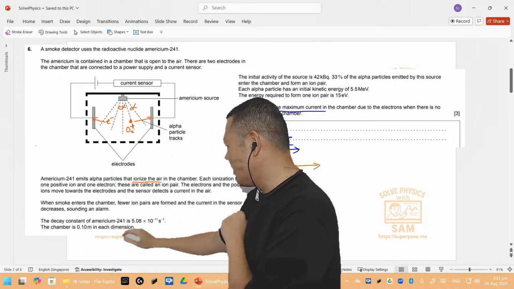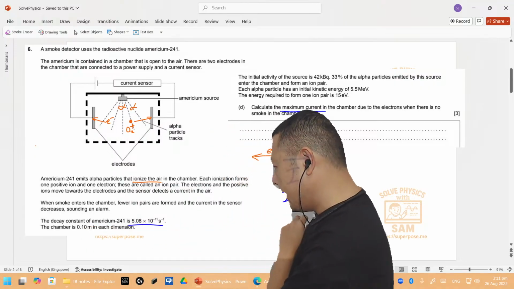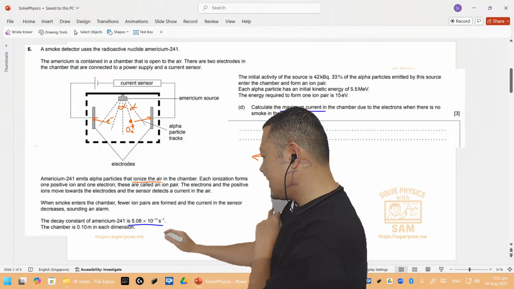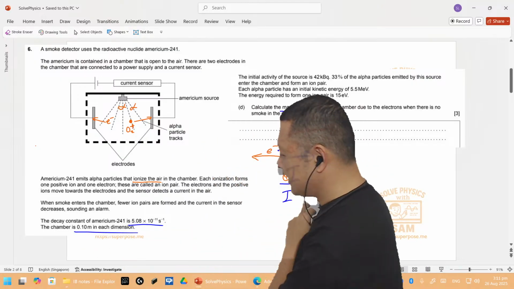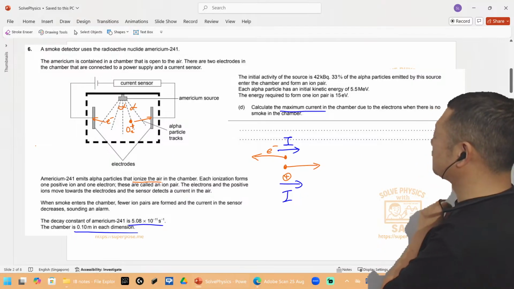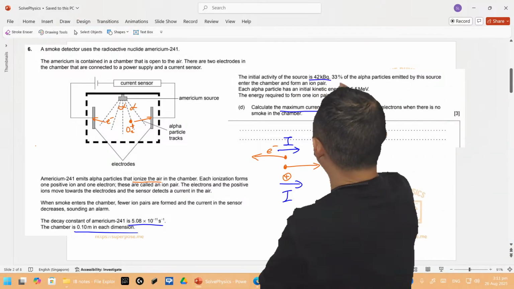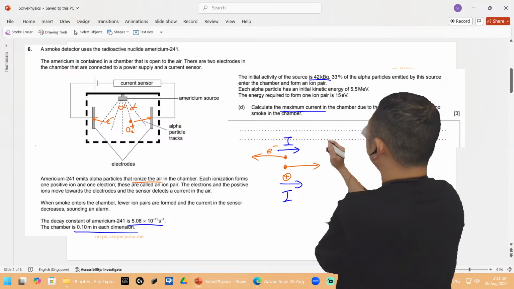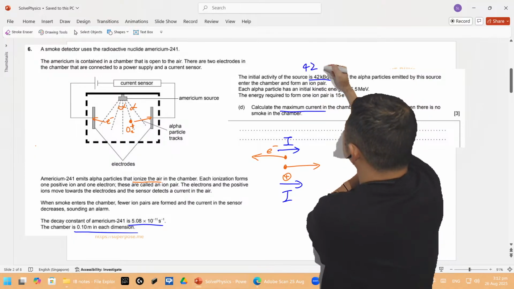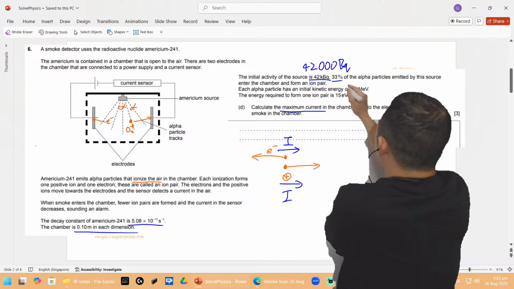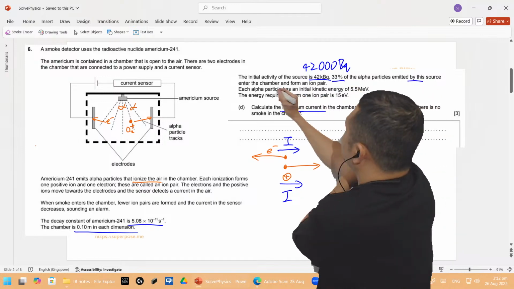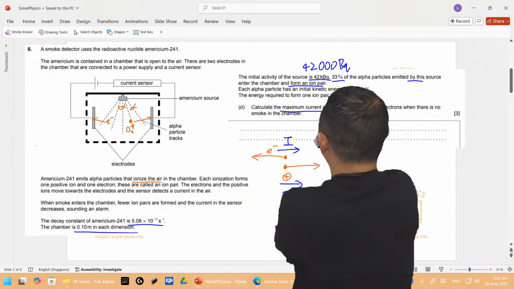So the decay constant of americium is 5.08 times 10 to the power minus 11 per second. The chamber is 0.1 meters in each dimension. This sounds like a tough question. Initial activity is 42,000 becquerels. So 42,000 becquerels, 33% emitted enter the chamber and form an ion pair.